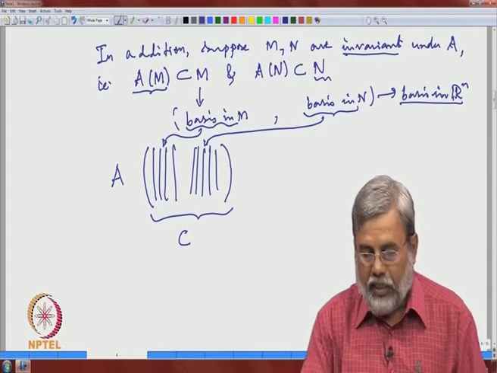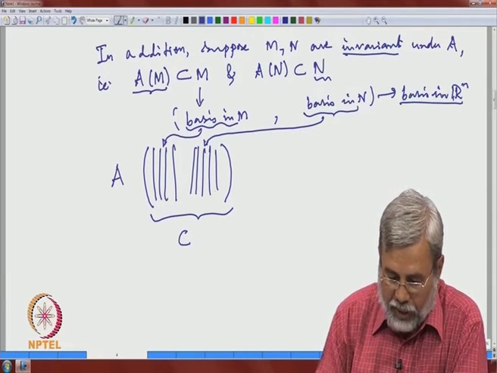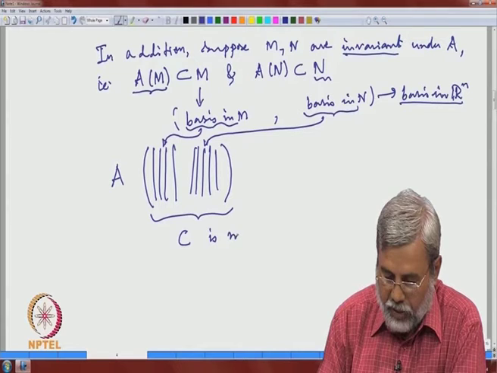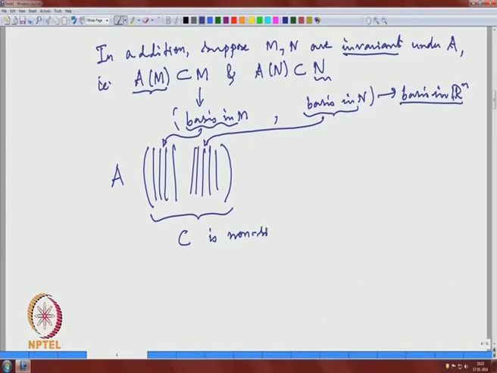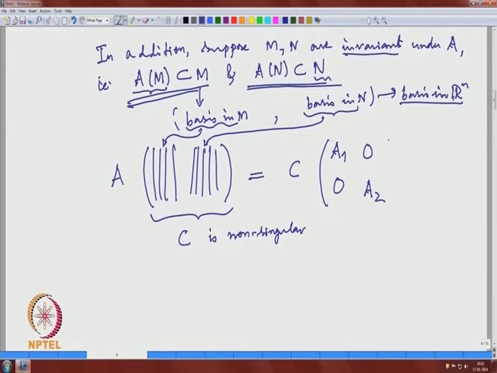So, since these are all basis vectors, C is non-singular. Okay. And by this assumption that M and N are invariant under A, you can easily check that this is just A1, A2. Okay.